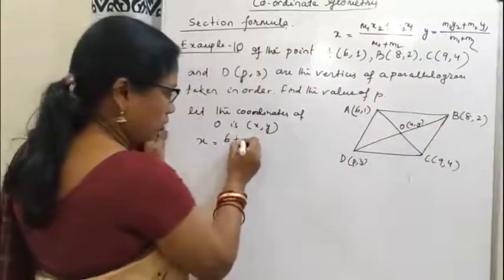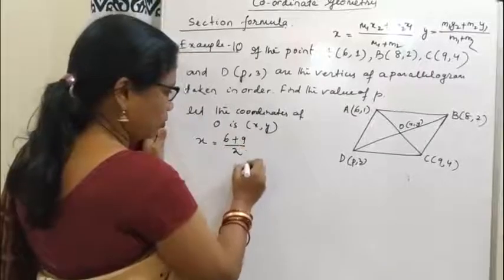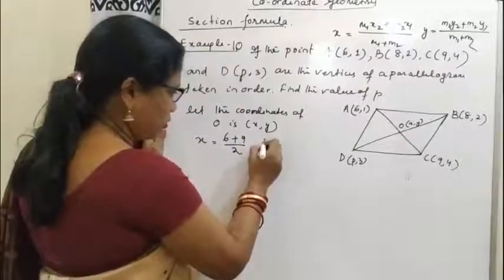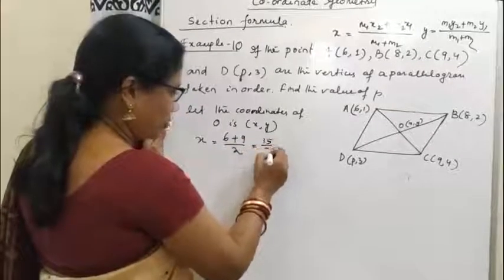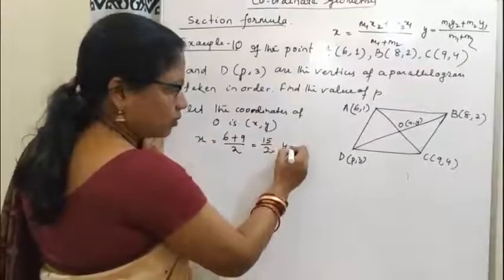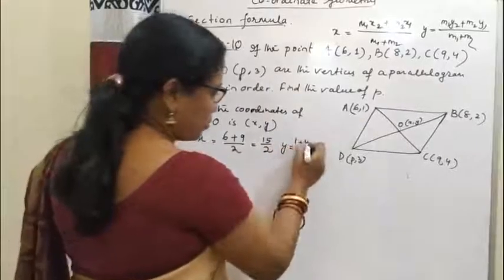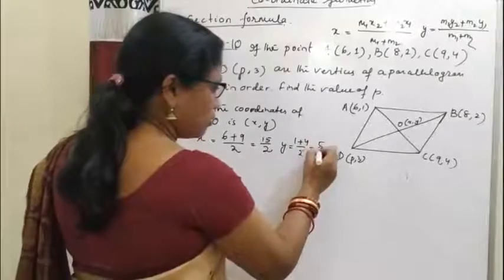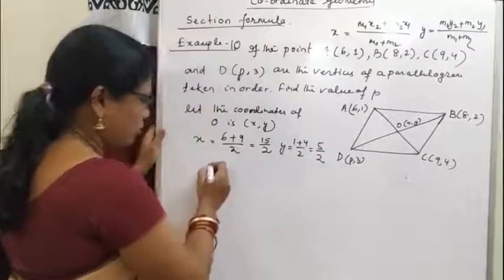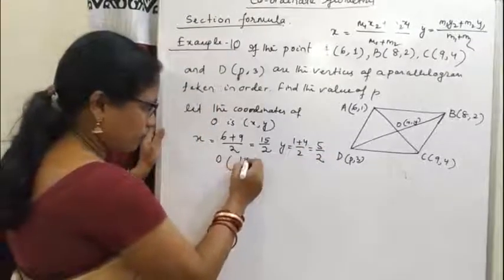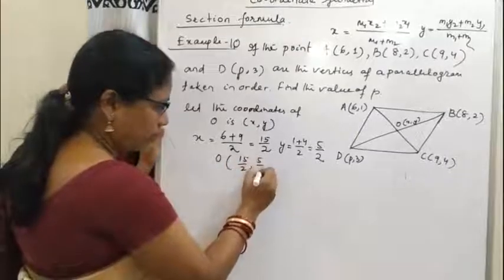So 6 plus 9 divided by 2, and that is equal to 15 by 2. And y is equal to 1 plus 4 by 2. So this is equal to 5 by 2. So O has coordinates 15 by 2 and 5 by 2.